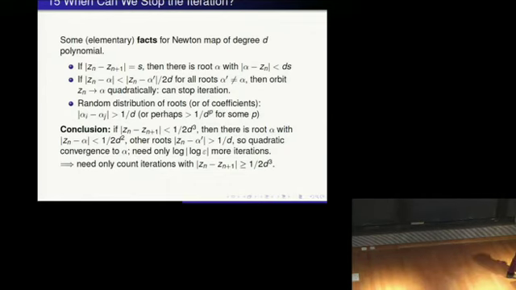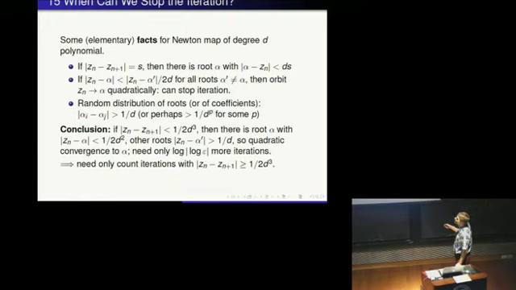So the third observation: if we put the roots randomly in the disk, then the mutual distance between roots is at least 1 over d, or perhaps 1 over a power of d. And if you throw the coefficients randomly within some distribution, then the roots tend to accumulate near the boundary of the disk. So they're a bit closer to each other, but it's still something like 1 over d squared or so.